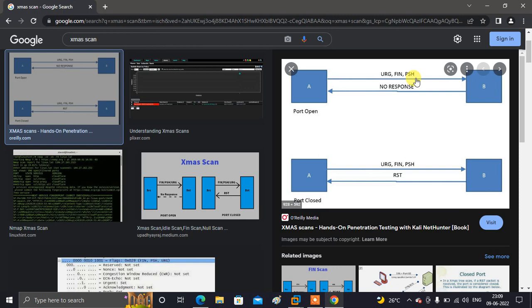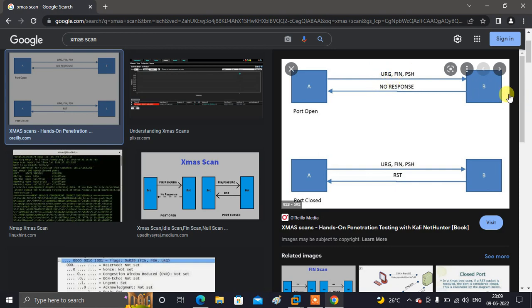Upon receiving these 3 sets of flags together, the machine will not follow what happened. So it's 3 different combinations of flags. The machine is not going to respond to this because it's a combination of 3 different meaningful flags.